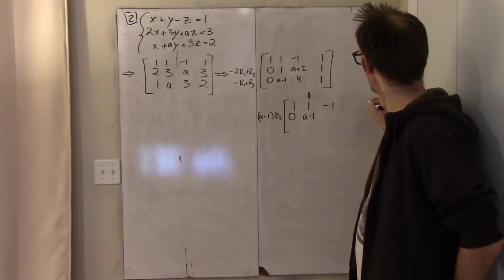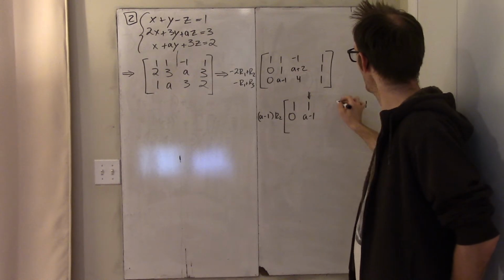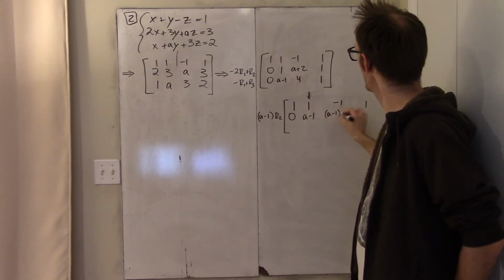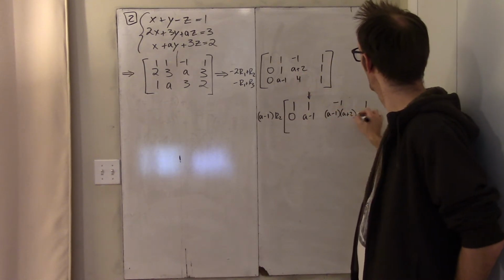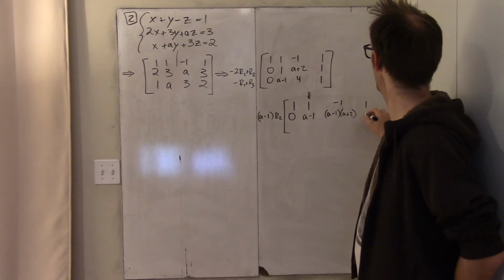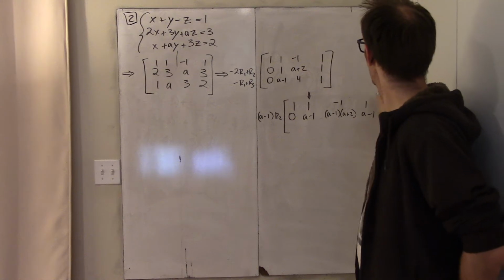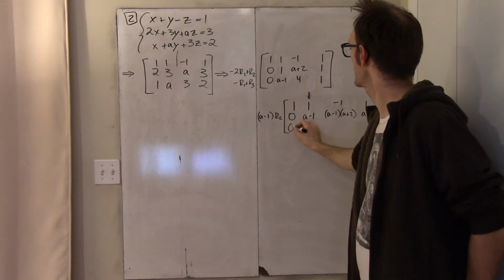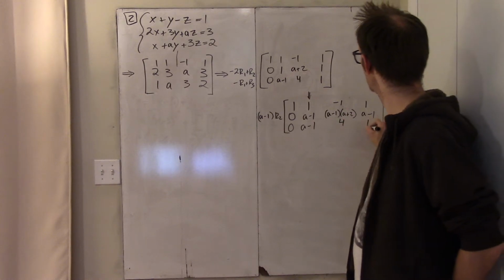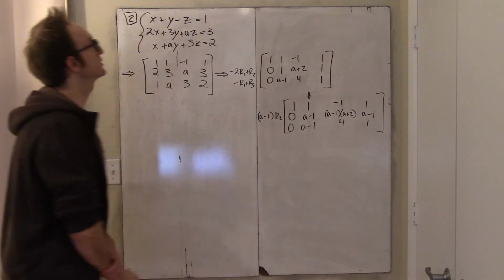But now here, okay, now I need to maybe be a little bit careful. Now I get A minus 1, A plus 2. 1. No, sorry, this will also be a minus 1. And here I didn't do anything. Okay, so this is looking complicated, but if you just stay focused, I didn't really do anything yet.